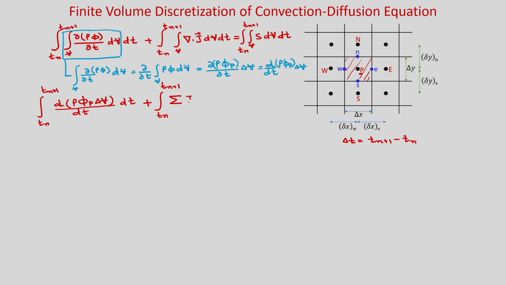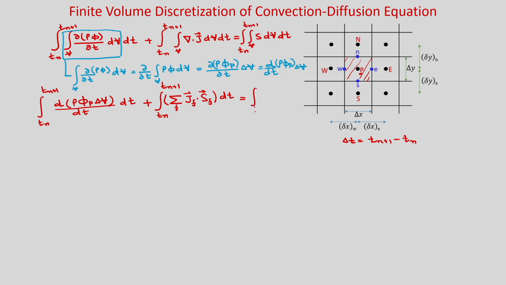If you make these assumptions, then you can write the flux term as summation over the faces of J f dot S f over all the faces, and dt. Okay. So, this is the second term.